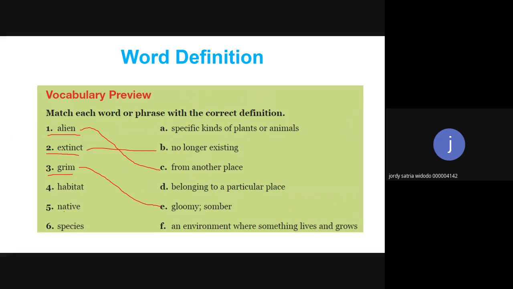And then habitat. What is habitat? Habitat is an environment where something lives and grows. For instance, Komodo lives in savanna, and African elephant lives in African savanna. The savanna located in Nusa Tenggara Timur and the savanna located in Africa are totally different.